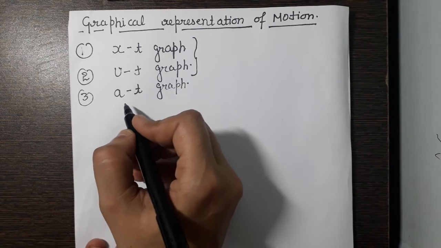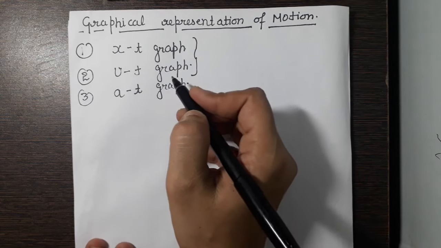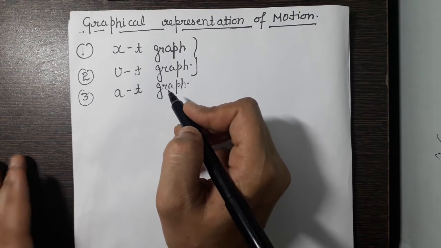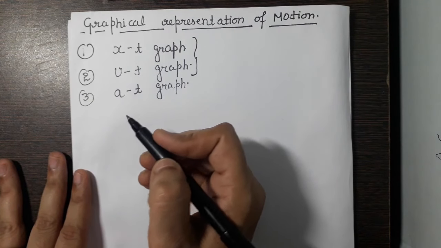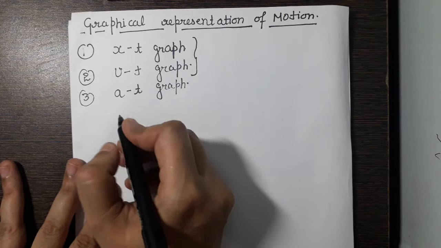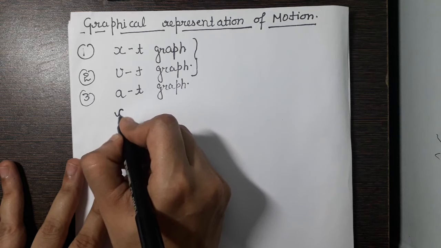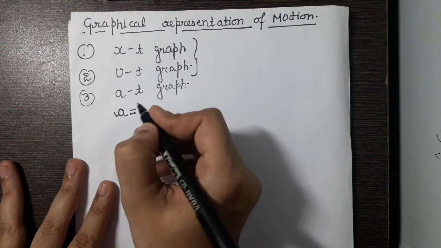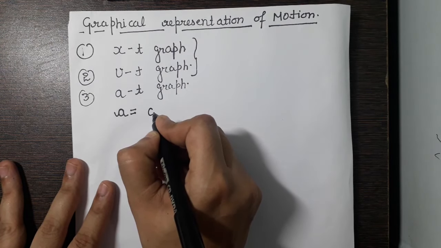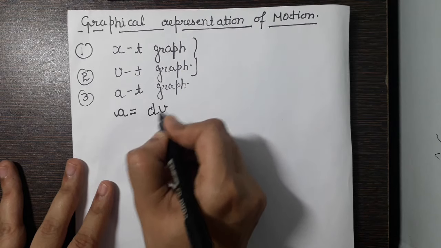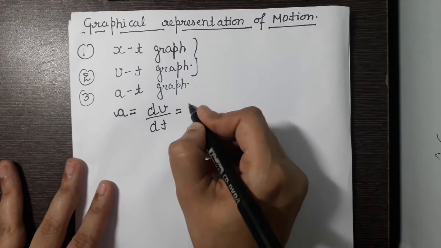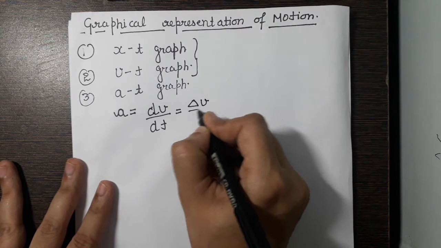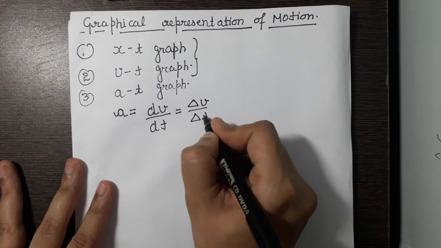Before discussing the graphs, let us discuss some important terms and some different situations under which we will draw the graphs. First of all, acceleration is rate of change of velocity. So its formula is dv upon dt, or for large changes delta v upon delta t.